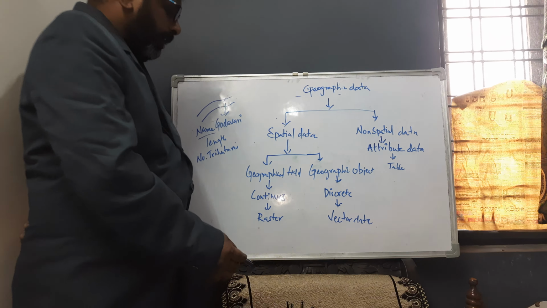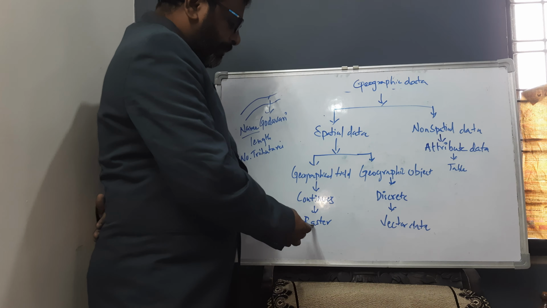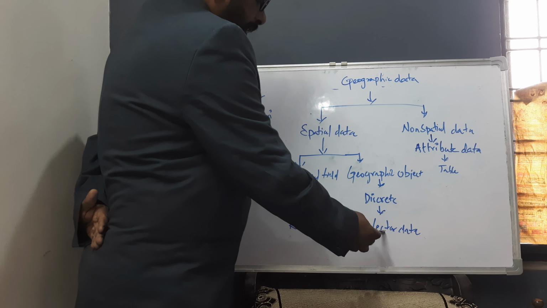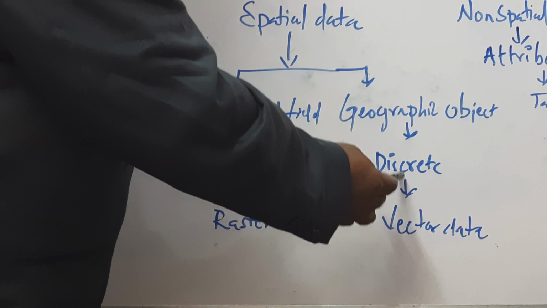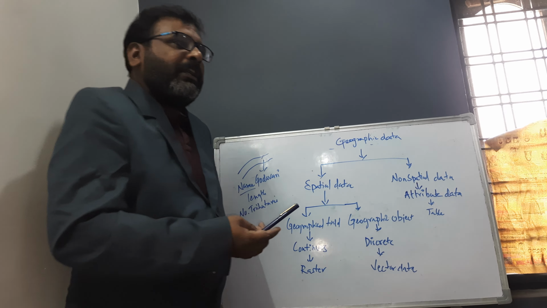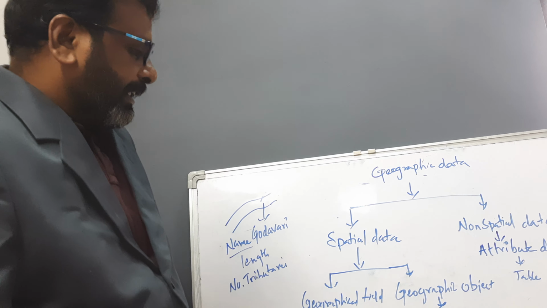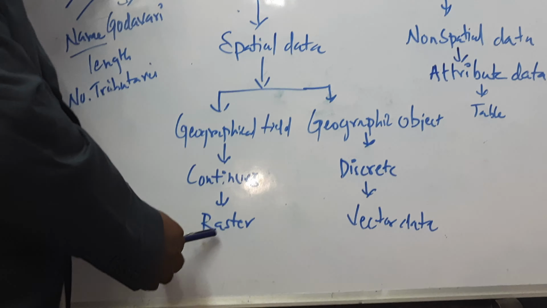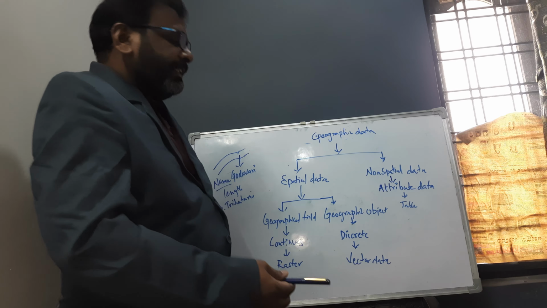So the models of GIS data are raster and vector, where raster is continuous and vector is discrete objects. If you look at the earth surface, we come across these two things, one continuous and one discrete. So this is the best representation of geographic data, and we call these the GIS data models.